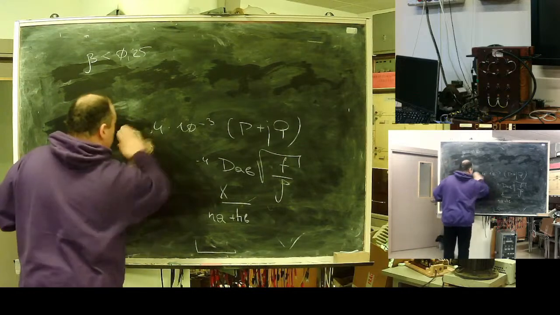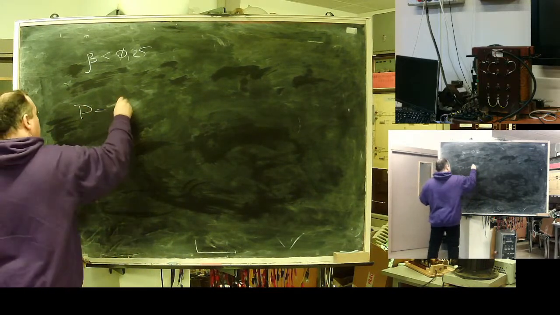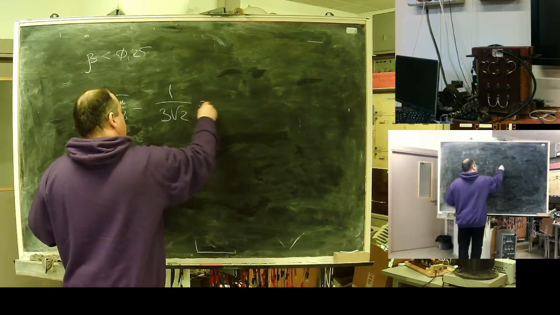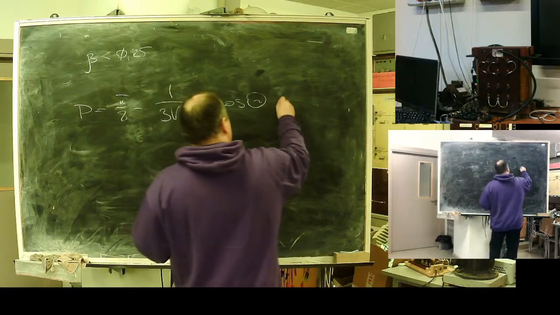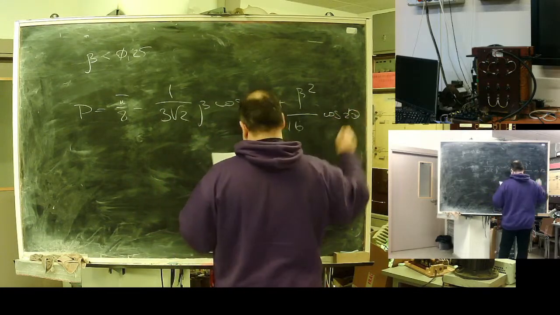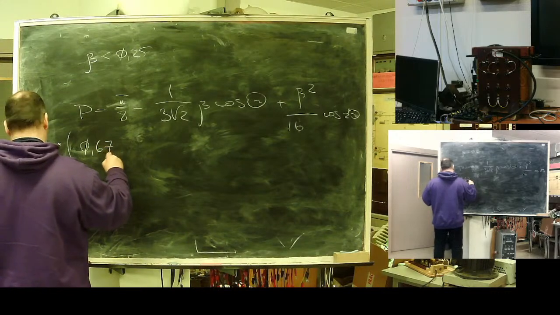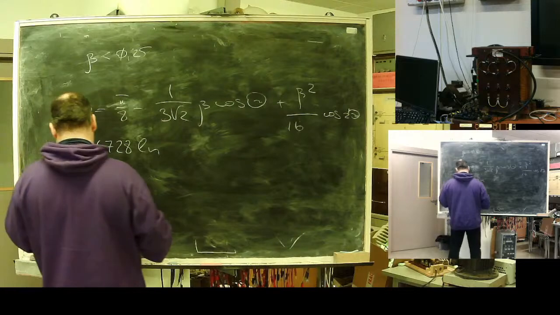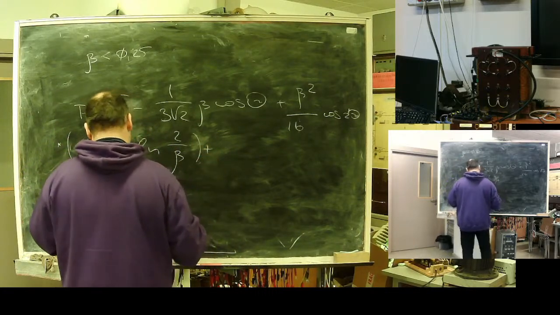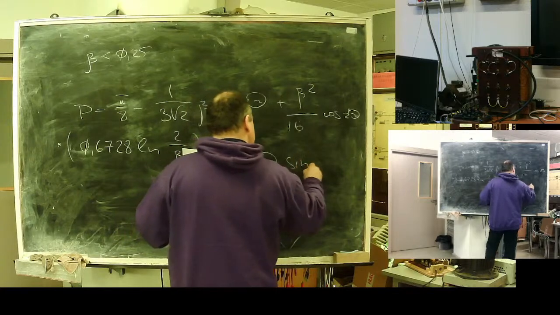In such a case, active loss will be P divided by minus 1, beta cosine theta plus beta square divided by cosine 2 theta, multiplied by 0.6728 natural logarithm divided by beta plus beta square divided by 16 theta sinus double theta.